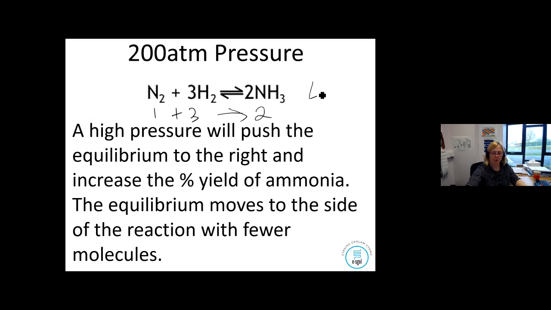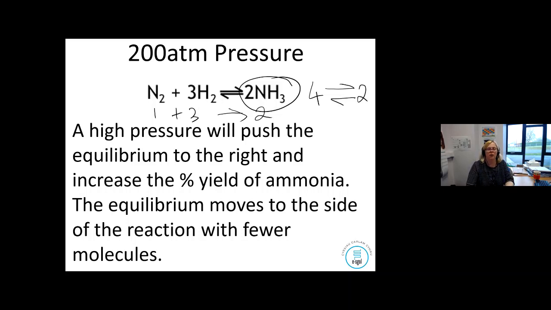So if you have 4 making 2, any increase in pressure, so high pressure in this case, will force the equilibrium to go forward, because that's the natural method for decreasing that internal pressure within the system. Okay, so high pressure pushes the equilibrium to the right-hand side, making more product, because that's what's on the right-hand side, and it increases what we describe as the yield, so how much ammonia you actually get.